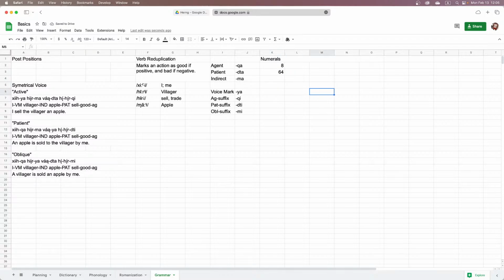So like 1 stick up to 8 sticks, then 8 plus 1 sticks, and so on and so forth till we get up to 64, or 8 times 8 sticks, basically meaning 64 sticks.